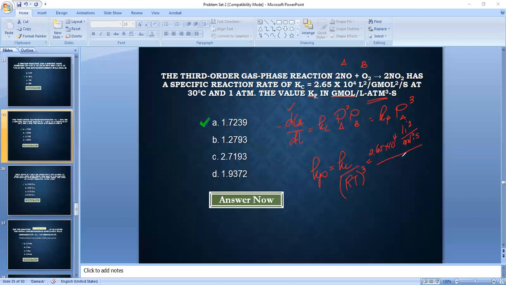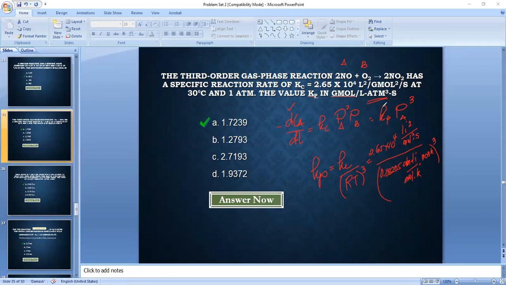For the denominator, the R that you're going to use, since you have the liter, the mole and the atmosphere, should be 0.08205. The unit of this is atm liter per mole Kelvin. This should be multiplied to the temperature converted to Kelvin, so this should be 303 Kelvin.